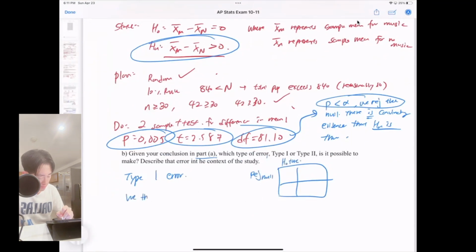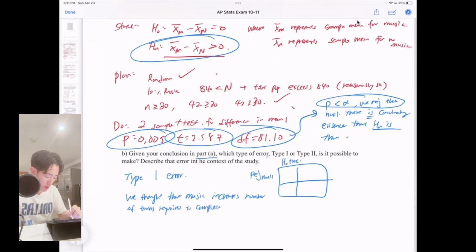We thought that music increases the number of turns required to complete the memory game, when in reality, music or no music requires about the same number of turns.